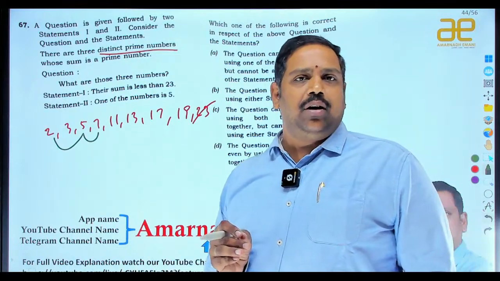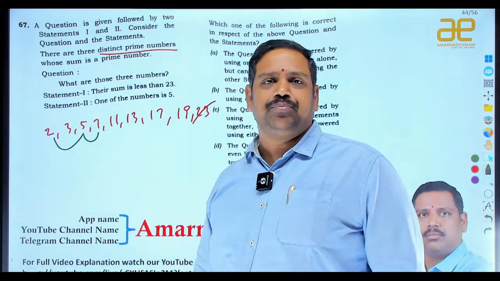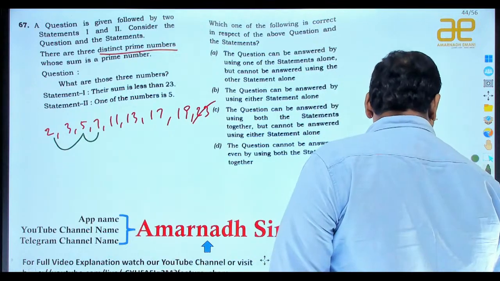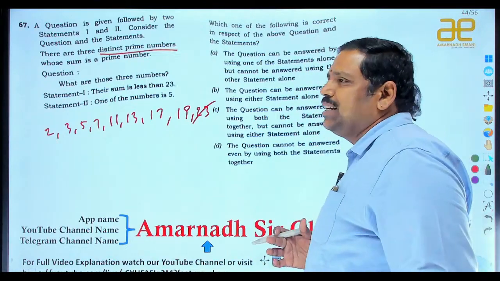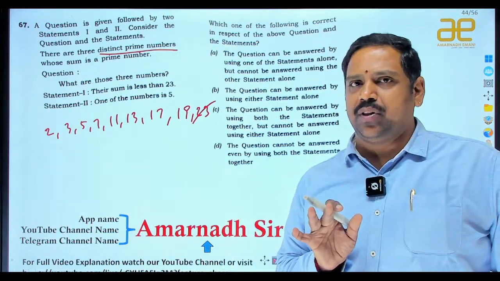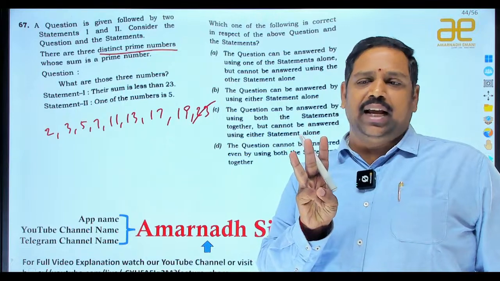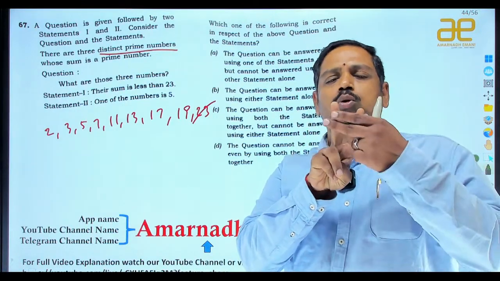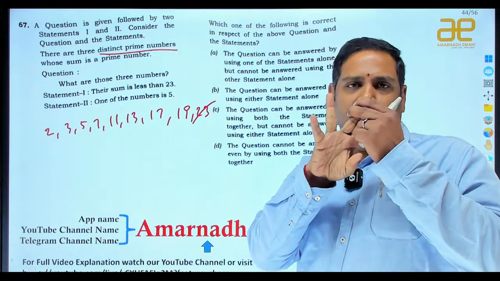If you take numbers except 2, the sum is a prime number means other than 2 all are odd numbers. Suppose in these 3 numbers, 2 odd you take, 1 even you take.